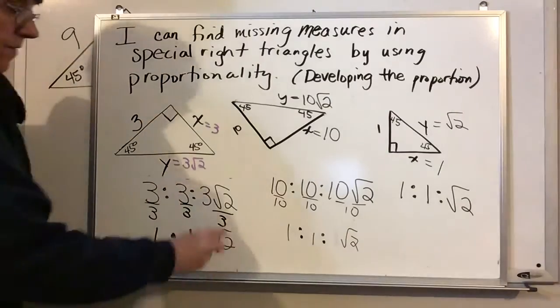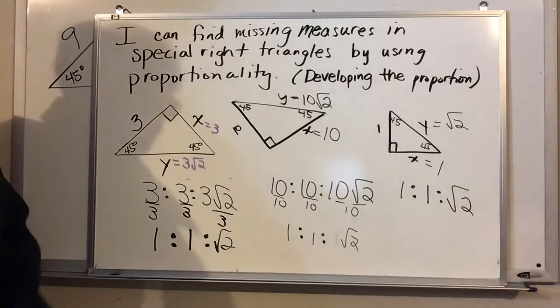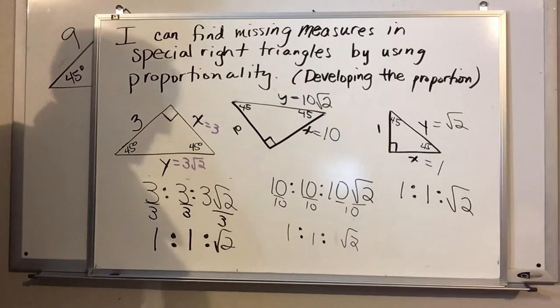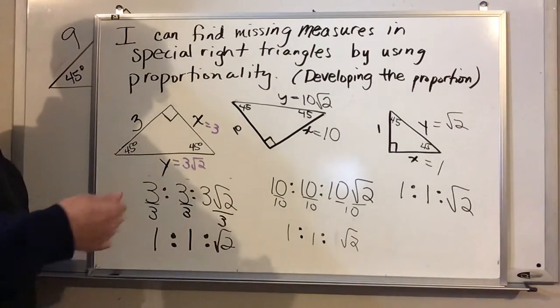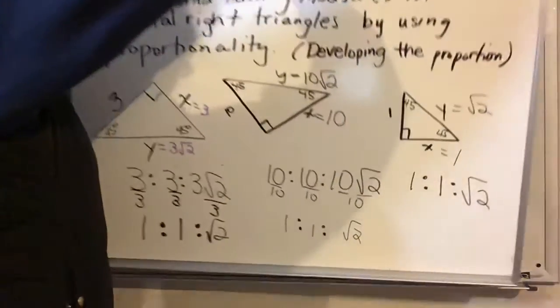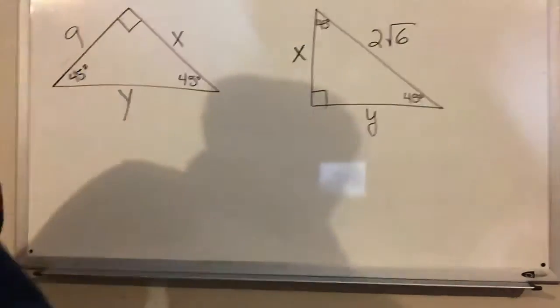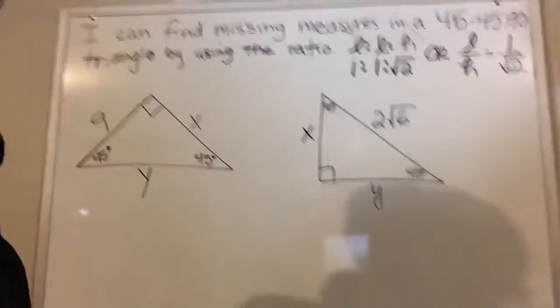So now that we have this proportion, or this ratio, we're going to use it to help us build proportions to find missing lengths in any 45-45-90 triangle without having to necessarily go through the Pythagorean theorem, although the Pythagorean theorem will work. So in this triangle, let me situate your screen here a little bit.